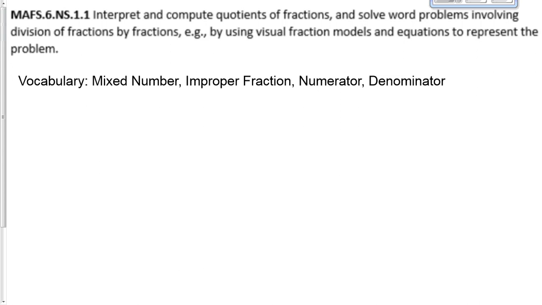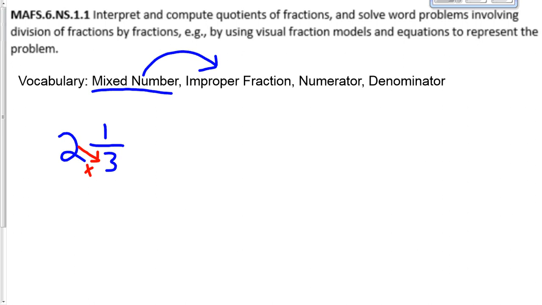So first let's look at how do I take a mixed number and change it into an improper fraction. Let's say I have the mixed number 2 1/3. The process you use is you multiply the whole number times the denominator.